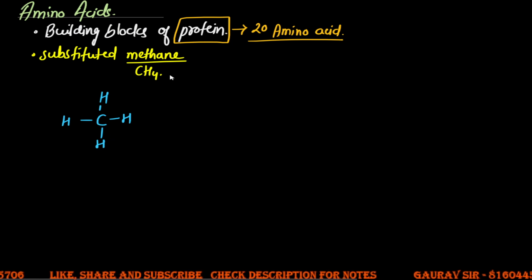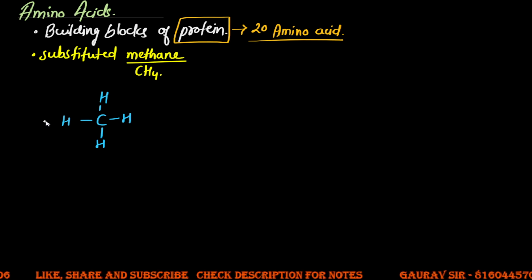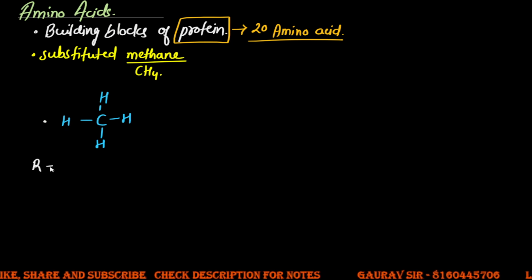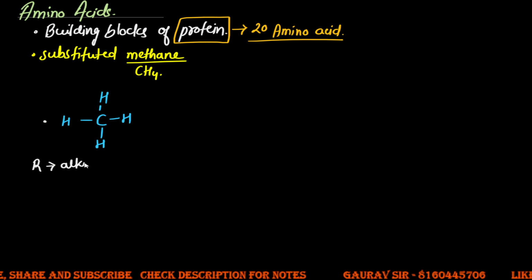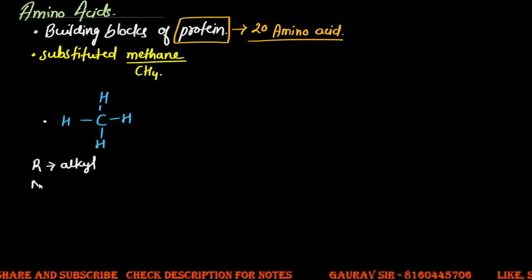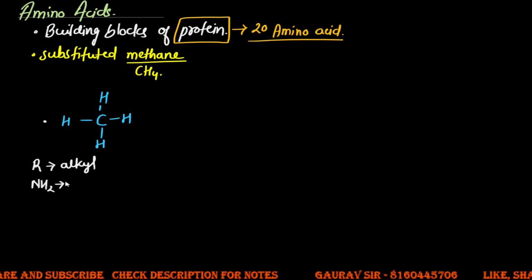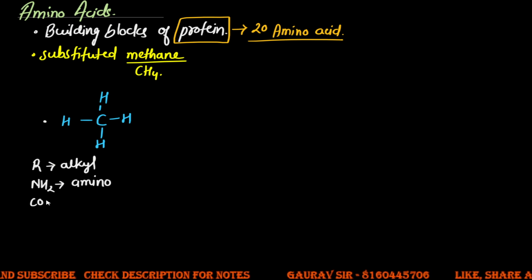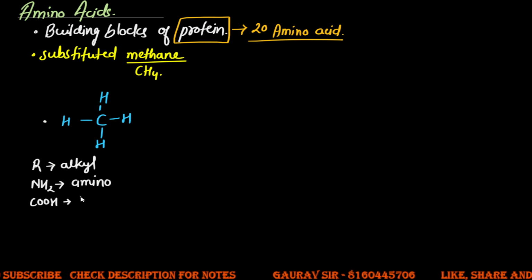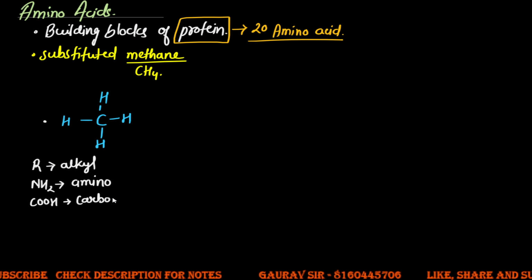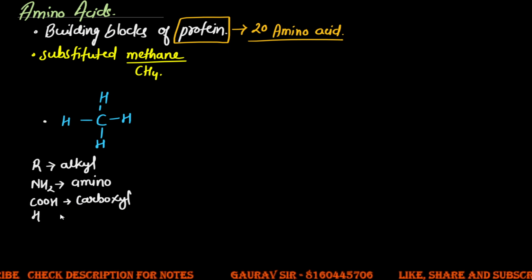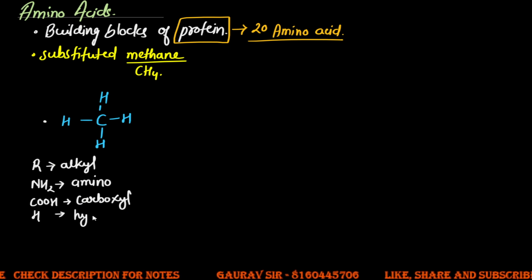If each of these H present in the structure of methane are replaced by R, which happens to be an alkyl group, by NH2, that's the amino group, then COOH, that is the carboxylic group, okay, carboxyl group, and then ultimately H stands for hydrogen.